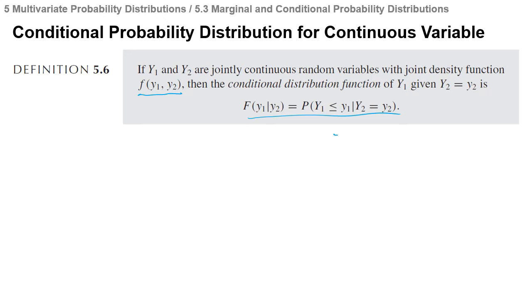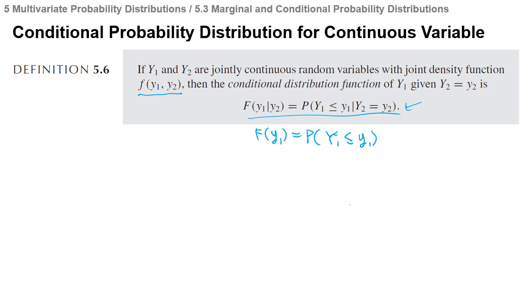And actually, if you recall the definition of F(y1), the distribution function for Y1, it is the probability that Y1 is less than or equal to small y1. So the distribution function is defined in this way, and this is an extended definition that we consider for conditional probability.